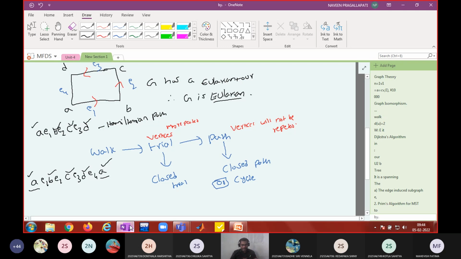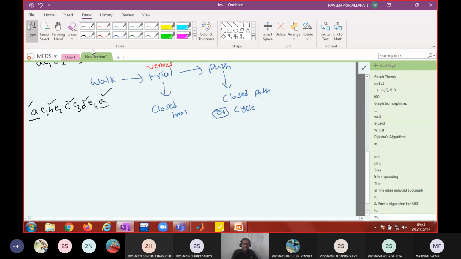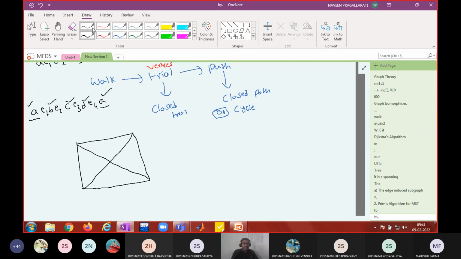So similarly, if I have a graph like this, is this Hamiltonian? If I say A, B, C, D, you can start with one vertex. Hamiltonian means it should have a Hamiltonian cycle. A Hamiltonian cycle is a closed path consisting of all the vertices.